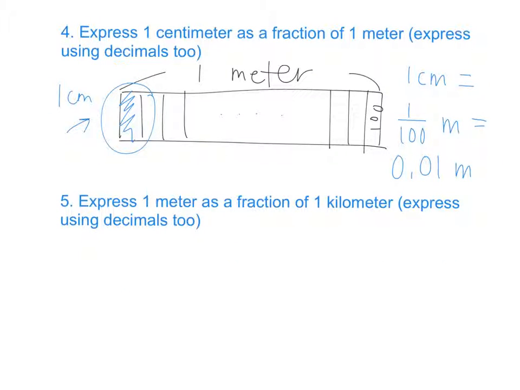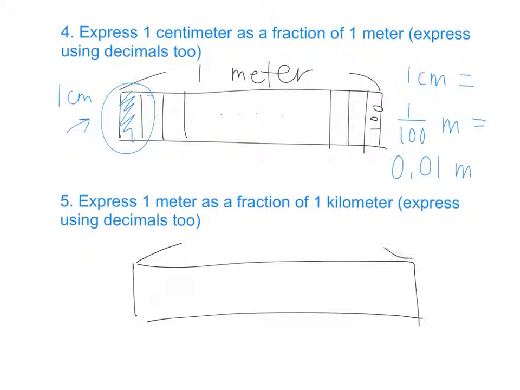So this time, what should my big piece of tape be? Is that going to be 1 meter or 1 kilometer? 1 kilometer. And how many sections do I have to divide it into to put meters in there? 1,000. And of course, we don't want to do that, so let's just draw a couple, and we'll do dot, dot, dot, and show that this is number 1,000. Each one of those is 1 meter.